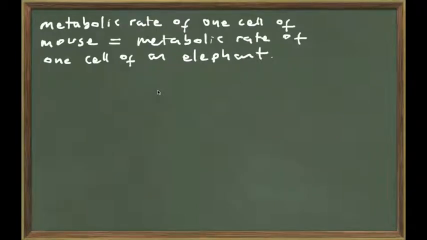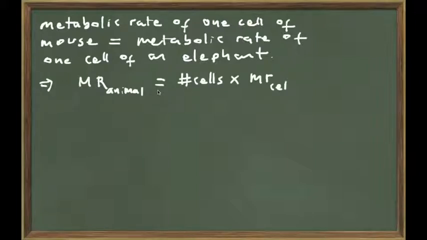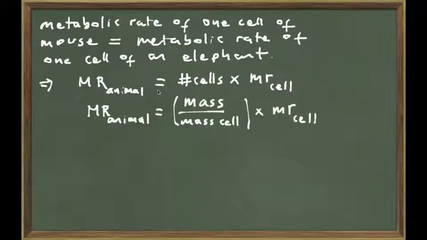Well, if the metabolic rate of one cell of a mouse is equal to the metabolic rate of one cell of an elephant, then the metabolic rate of the whole animal should be equal to the number of cells the animal has multiplied by the metabolic rate of one cell, right? If one cell uses 1 microcalorie per day, then an animal that has 10 trillion cells will use 10 trillion times that 1 microcalorie per day, right? That's pretty simple. So that's what you would expect.